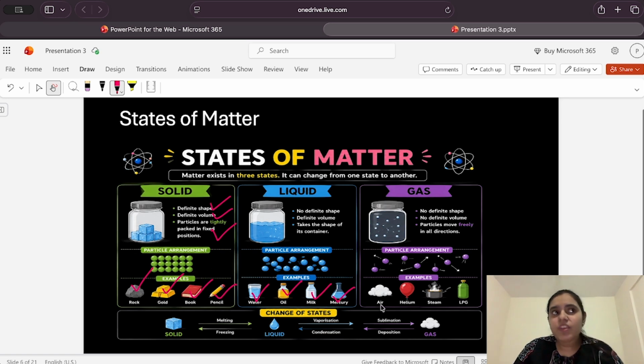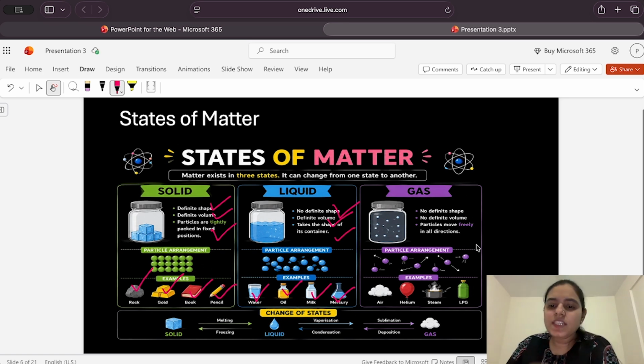If I have a cup and a water bottle, and I fill 10 ml of water in each, then the volume is the same, but the water takes the shape of the cup and the water bottle. So, liquids have a definite volume but no definite shape, and they take the shape of their container.